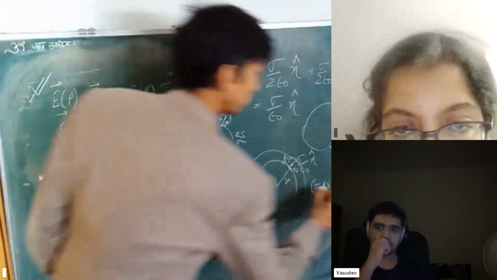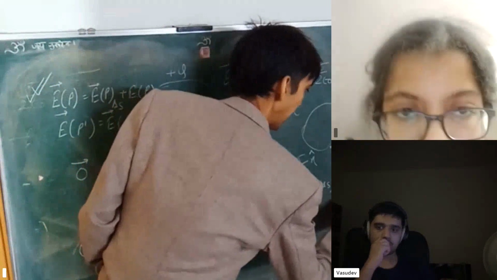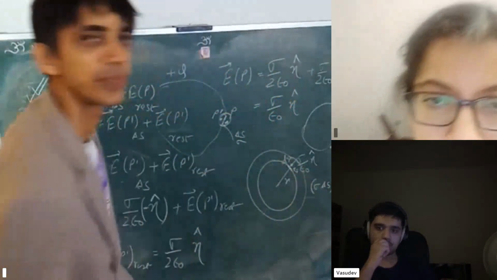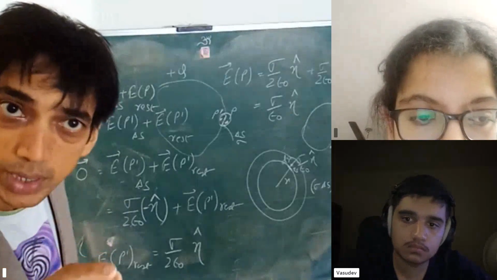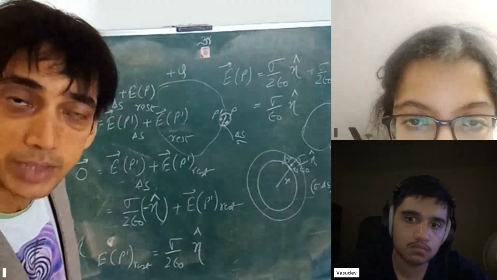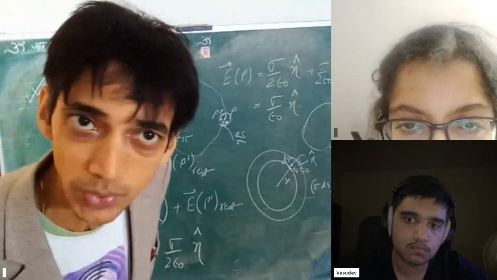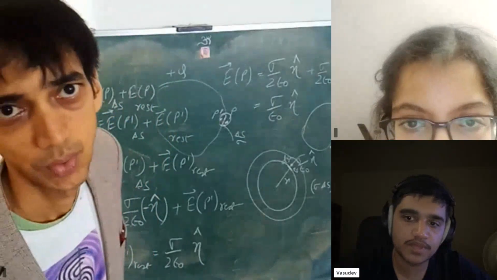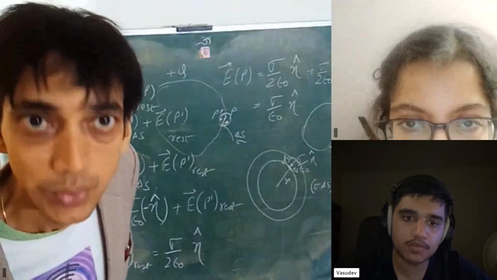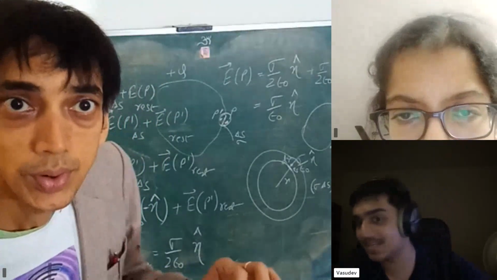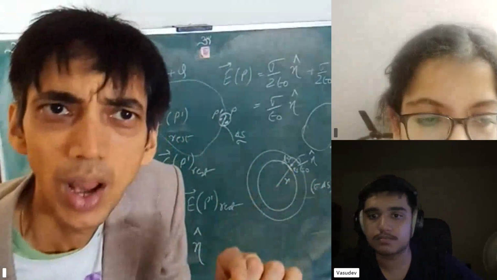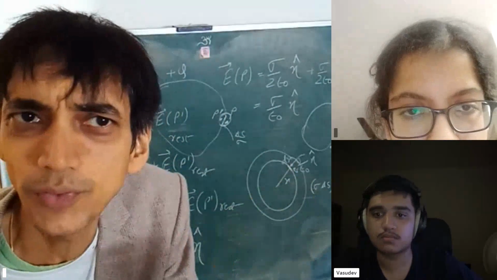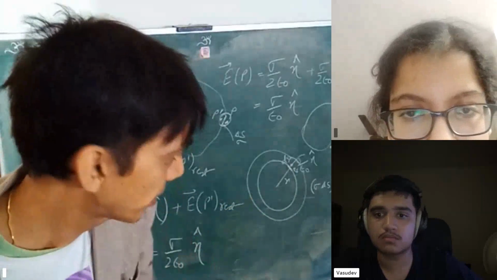Sigma into delta S multiplied with sigma by epsilon naught. Charge sigma into delta S, force sigma into delta S multiplied with the field there. Vasudev, yes or no? So the field sigma by epsilon naught is the one we got at the point right outside. Dr is very small, right outside the field is sigma by epsilon naught.